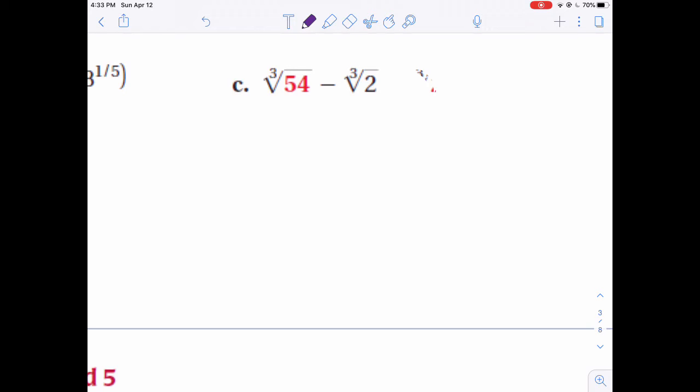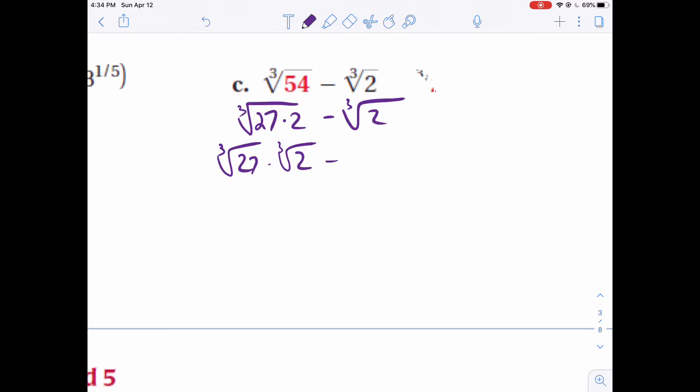Well, we know that 54 is 27 times 2, and 27 is a perfect cube. So let's see if we can make that happen. If I break that up, it's going to be the cube root of 27 times 2 minus the cube root of 2. And remember, you can split radicals, so we'll split the radical: cube root of 27, cube root of 2, minus the cube root of 2.